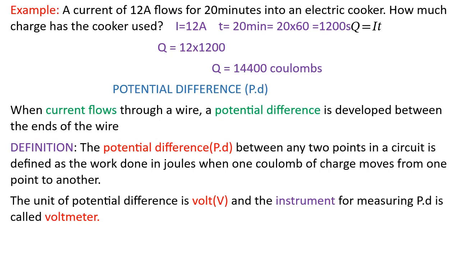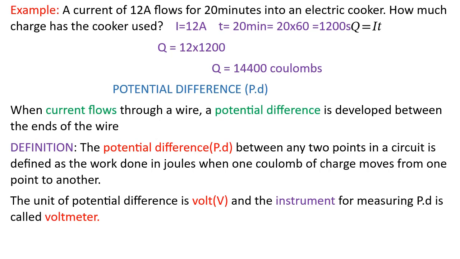Now, what do we call potential difference? When current flows through a wire, a potential difference is developed between the ends of the wire. When current flows from the cell through a wire, potential difference is developed. Now, what is potential difference?